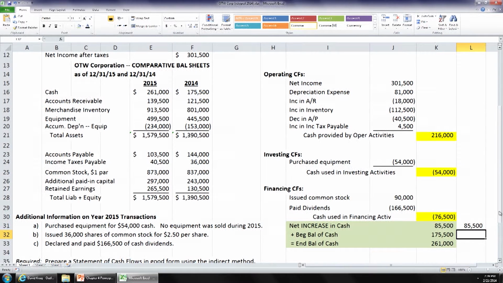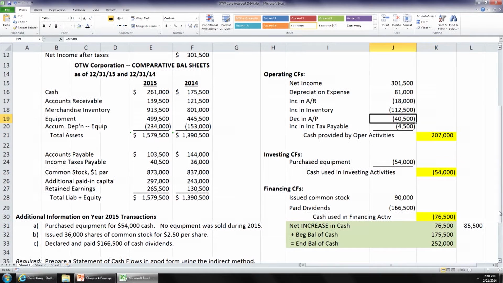Because here's what's beautiful. Remember how I said it's so easy to make a mistake, especially in this section up here? Let's say you accidentally subtracted your increase in income tax payable. Well, does that add up to 85.5? It doesn't, does it?